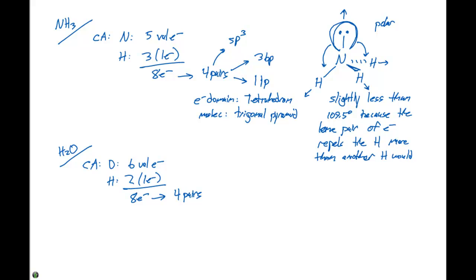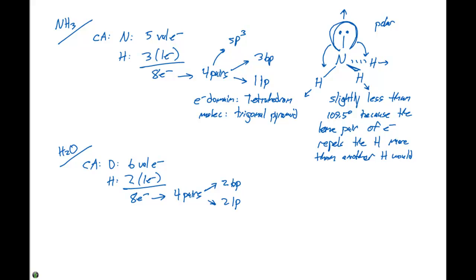and 4 pairs. In this case, the oxygen is bonded to 2 hydrogens, so we're going to have 2 bonding pairs and 2 lone pairs.